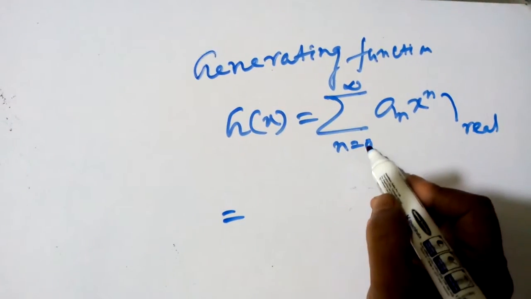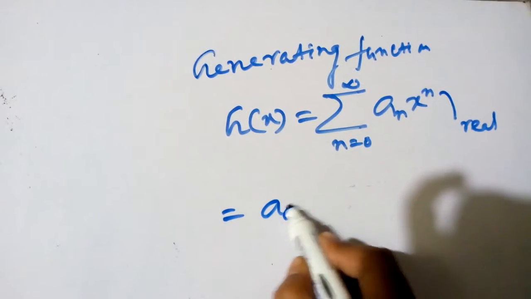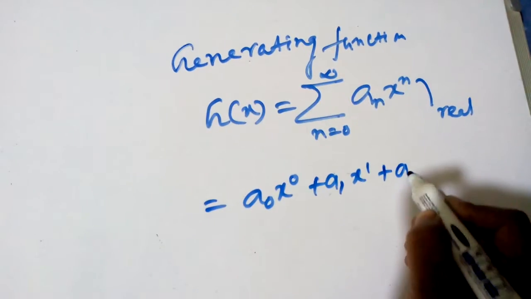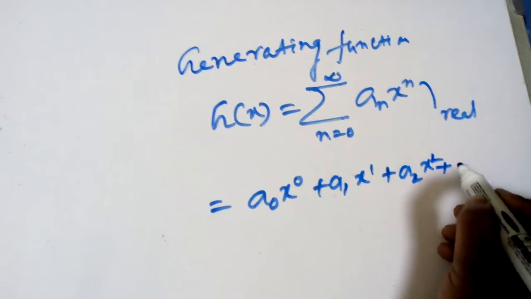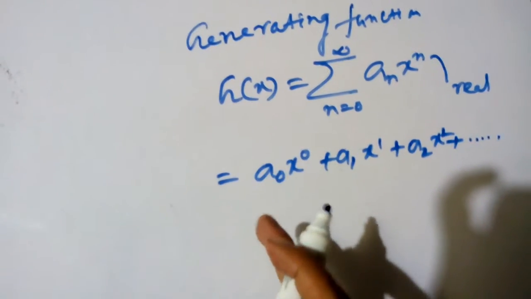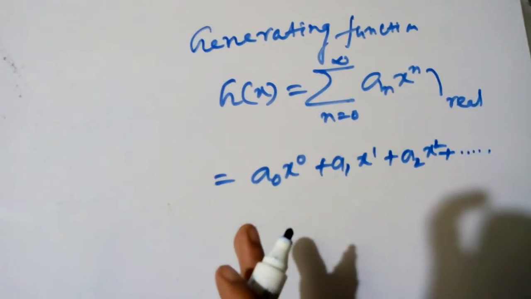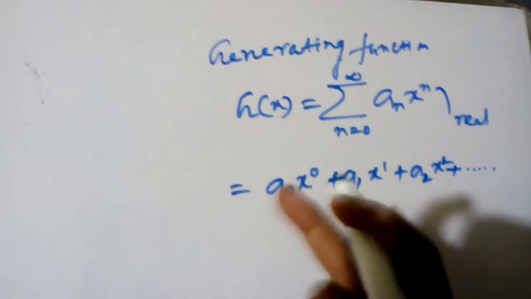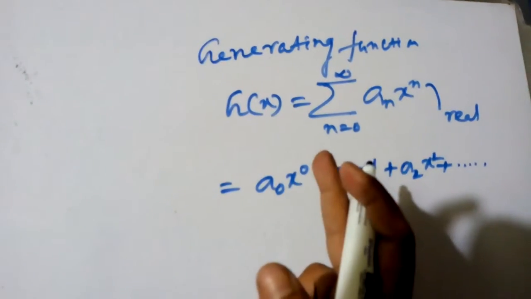So we expand the series. The series is a0 x^0 plus a1 x^1 plus a2 x^2 plus and so on. This is the generating function. The Z transformation is similar to the generating function.